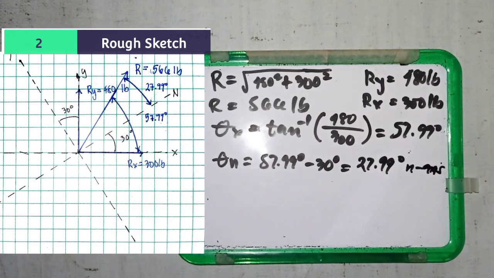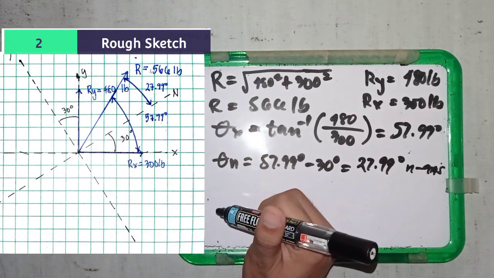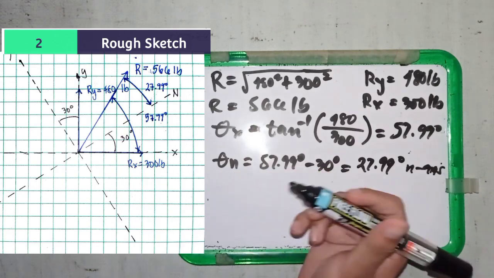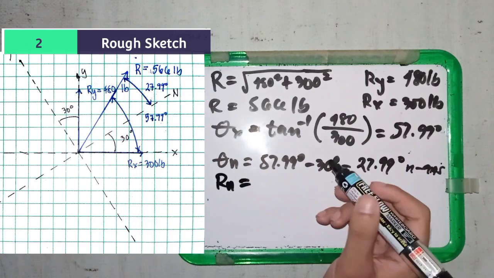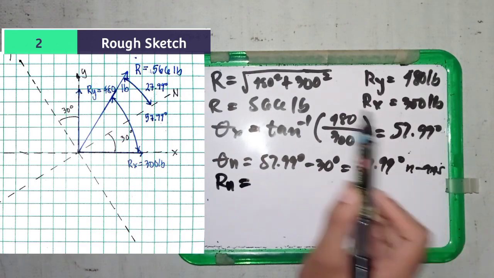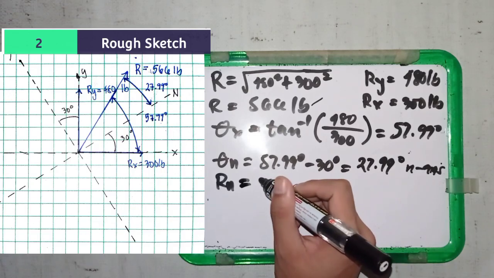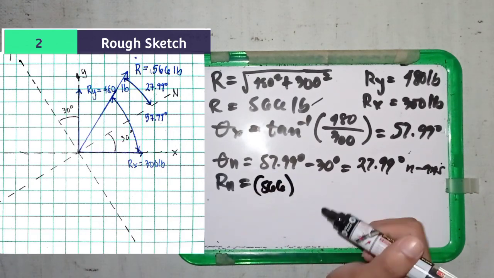Next is we need to find the resultant's components in terms of n, and what we have here is the magnitude of the resultant. So magnitude of the resultant is equal to 566 pounds.